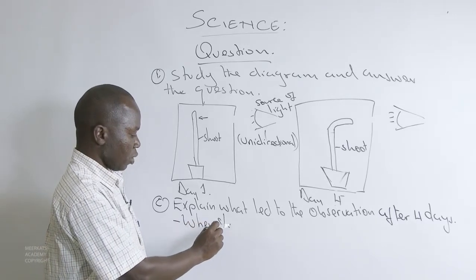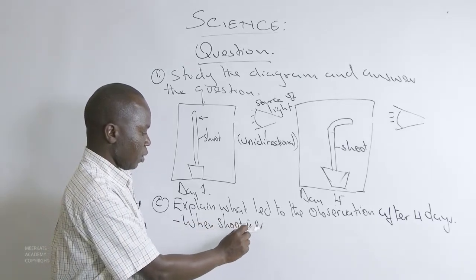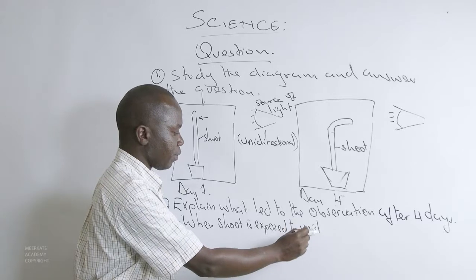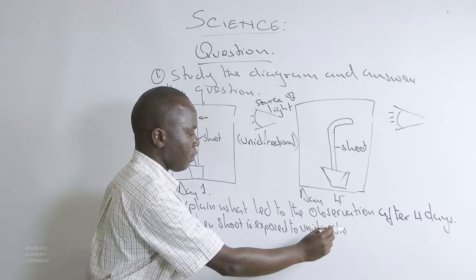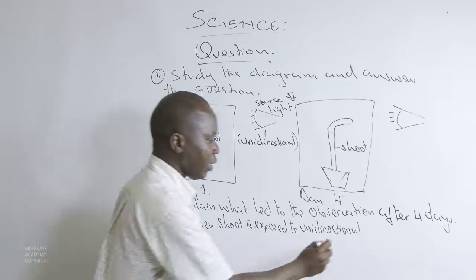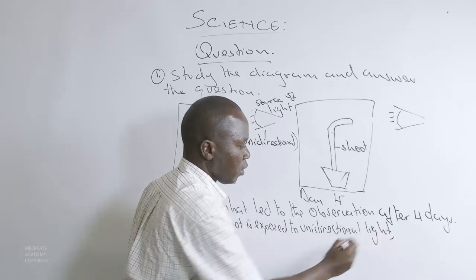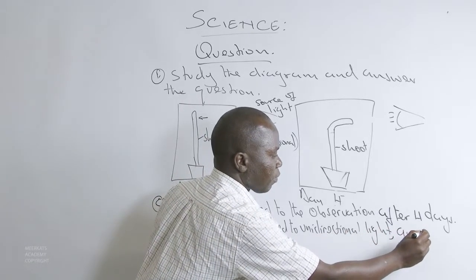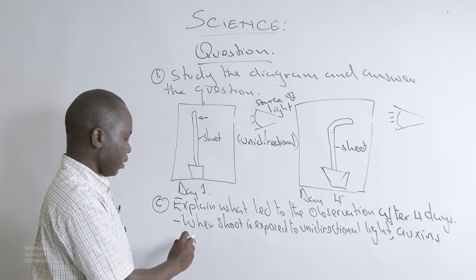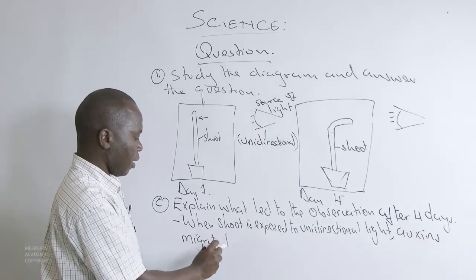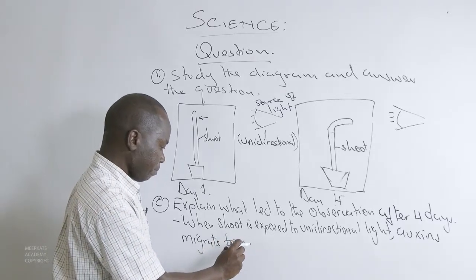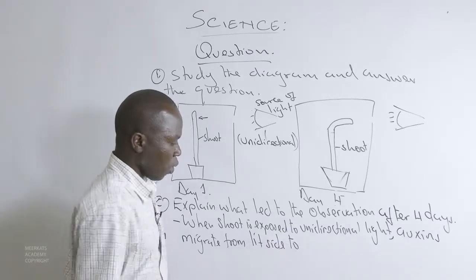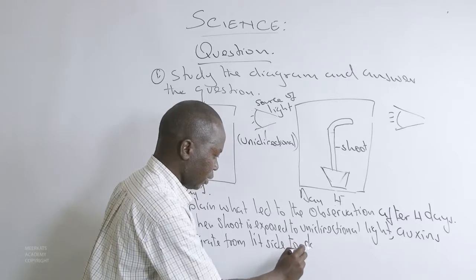So when a shoot is exposed to unidirectional light, auxins will migrate from the lit side to the dark side.